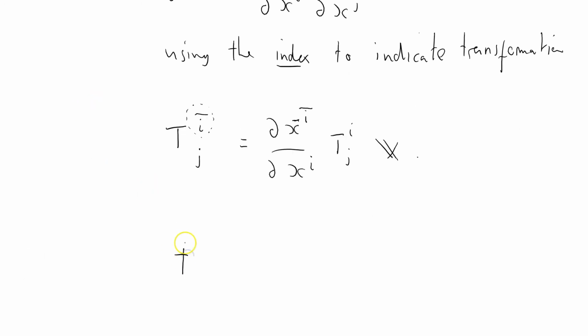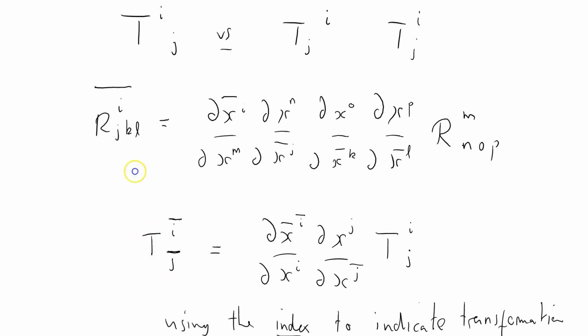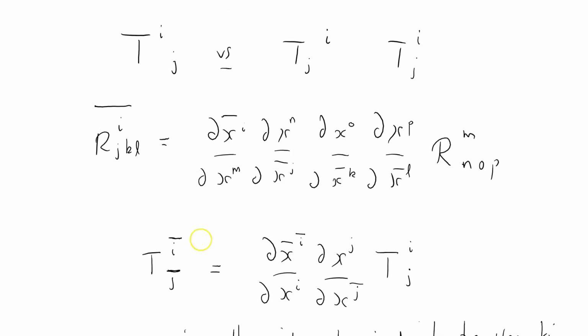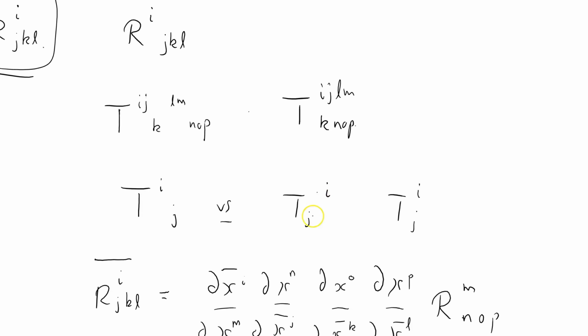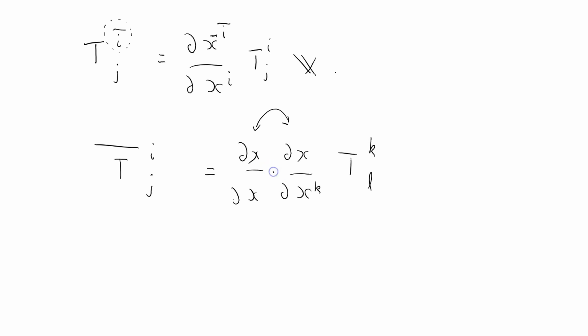So I'm going to say T bar ij equals T kl times the partial derivatives. It's a good thing to just go through this. That k is summed with this k here. You'll see I can just swap the order of these two over, which means that this notation, where you preserve the order of your indices, is not necessary, simply because I can commute my partial differentials past one another.